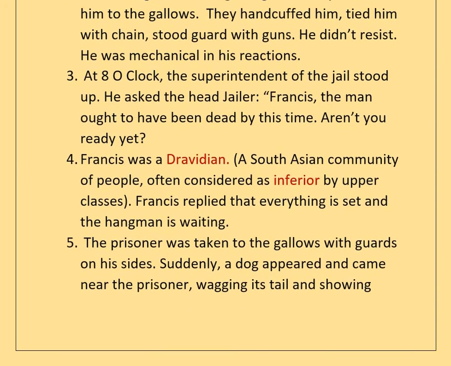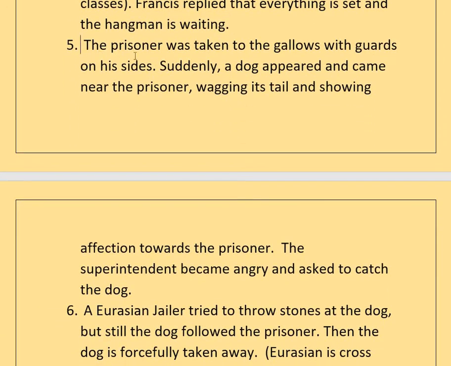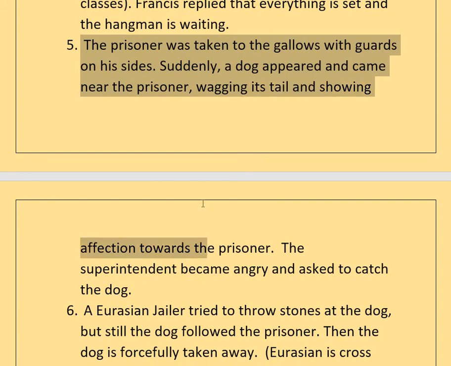Then para 5. The prisoner was taken to the gallows with guards on his sides. Suddenly, a dog appeared and came near the prisoner, wagging its tail and showing affection towards the prisoner. The superintendent became angry and asked to catch the dog.